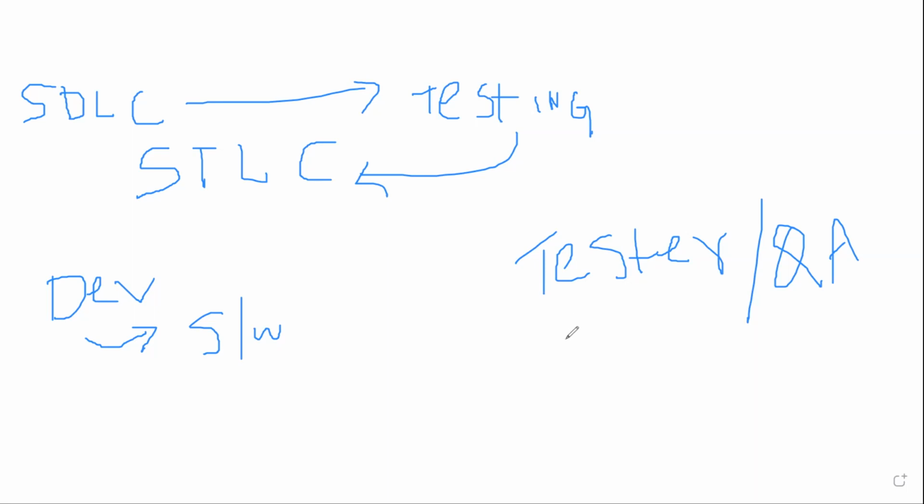They will give some input and expect some output. So this is a kind of testing. For example, if they are writing code for 1+1 equals 2, they will check whether 1+1 equals 2 is working or not.